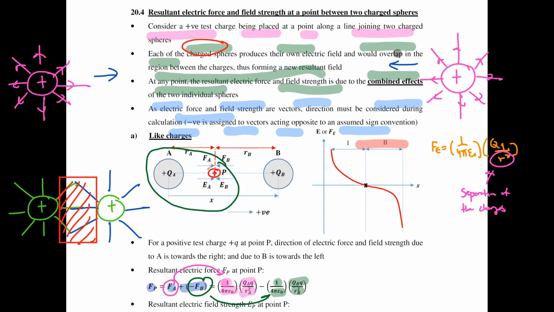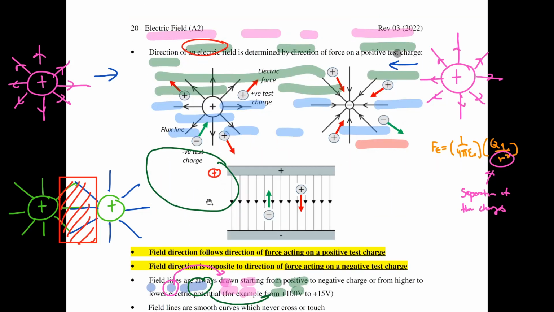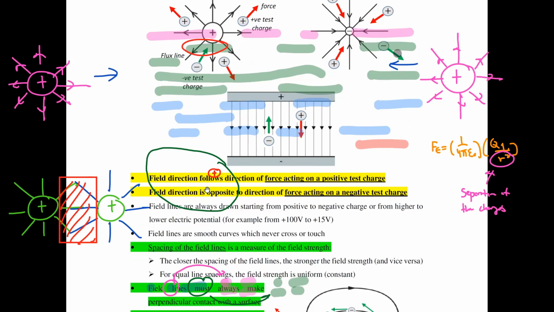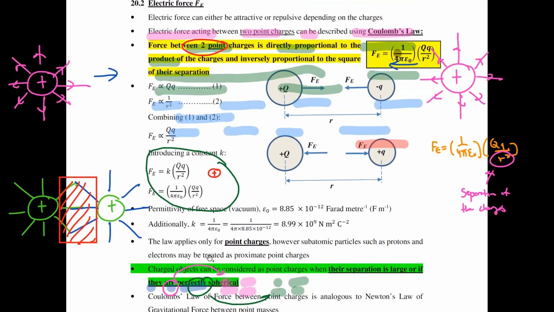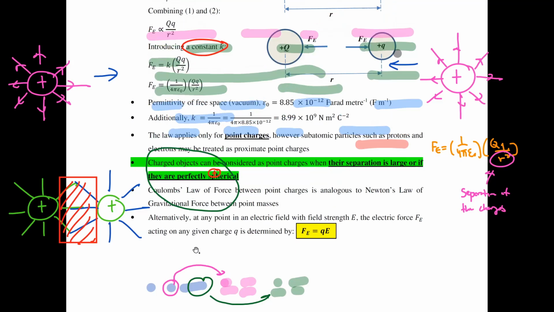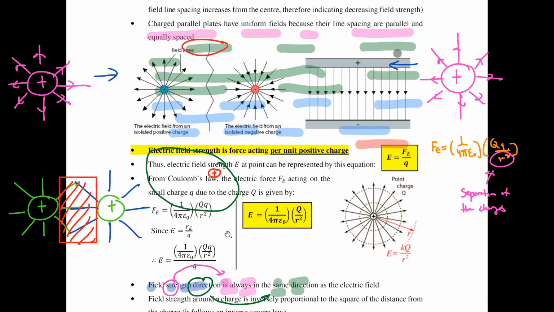Remember one of the things I mentioned to you, your field direction tends to follow your direction of force acting on a positive test charge, and then subsequently your field strength also follows your field direction. I wrote it somewhere here under page 4.